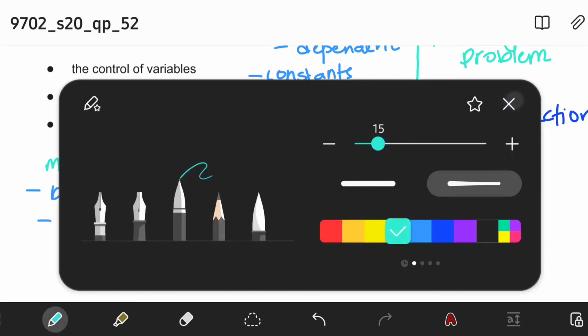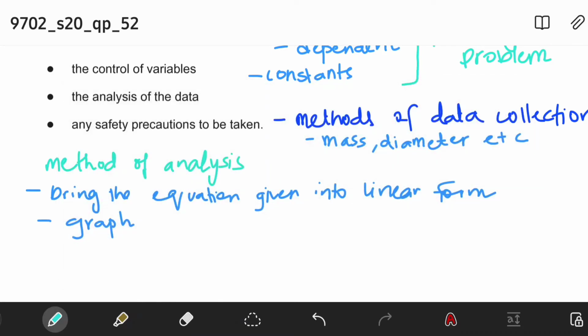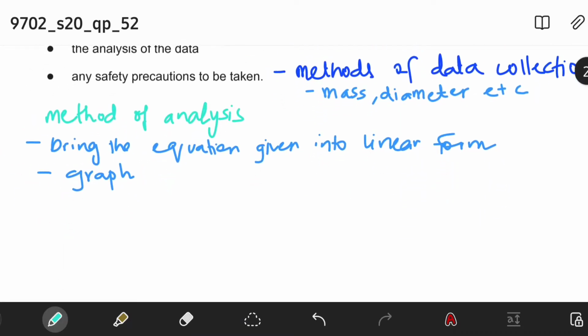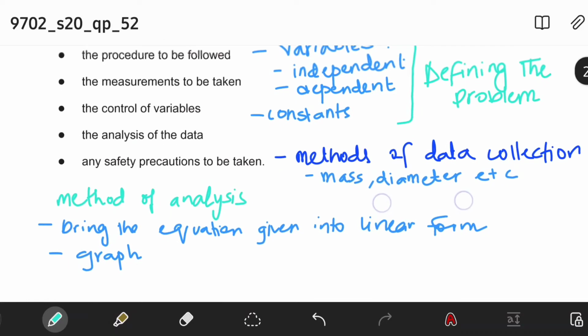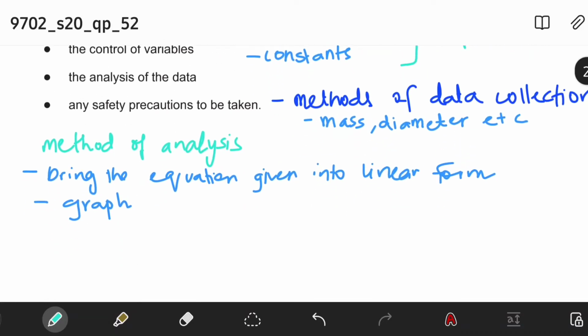Then comes the additional details part with safety precautions, and you can also give the additional details in between these points. It is not necessary to do them in the end, but for safety precautions you can write them in the end.